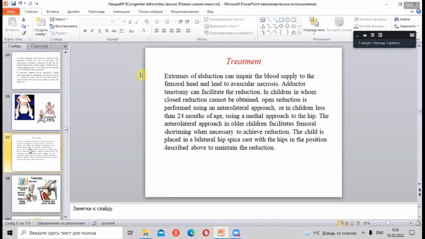The anterolateral approach in older children facilitates femoral shortening when necessary to achieve reduction. The child is placed in a bilateral hip spica cast with the hips in the position described above to maintain the reduction.